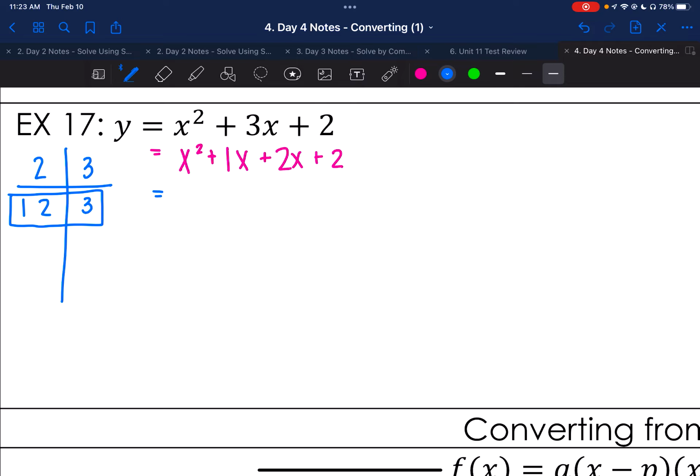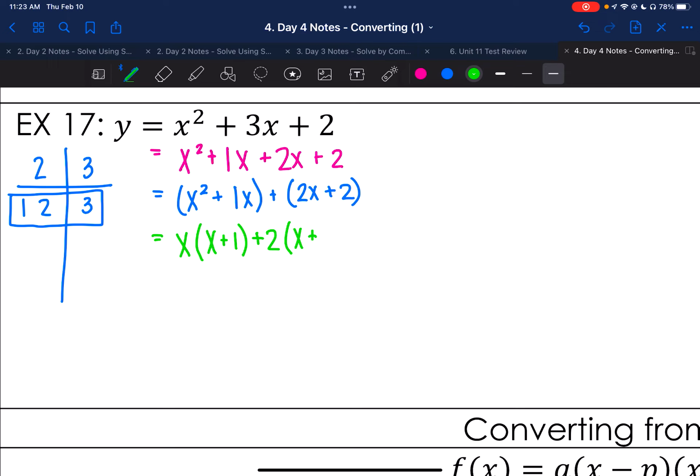Our next step is to group our problem, and then I'll pull out a GCF from each group. My first GCF is x. I'm left with x plus 1. My next GCF is 2. We're left with x plus 1.